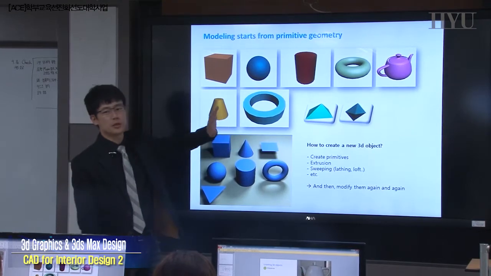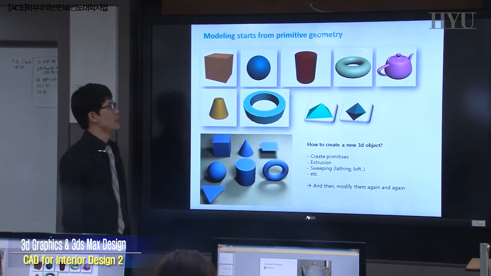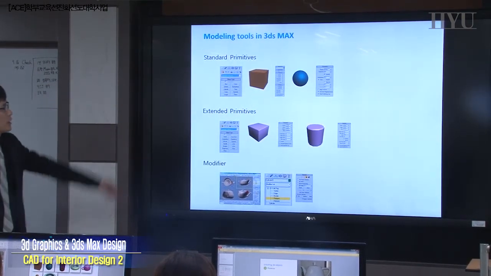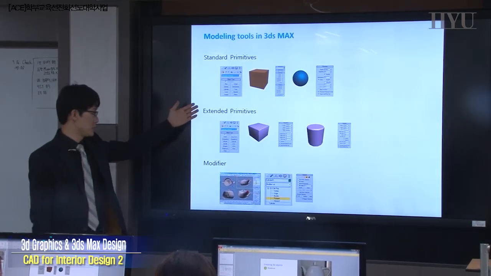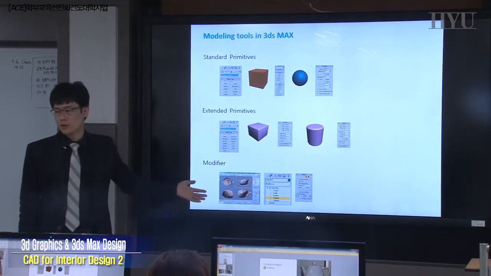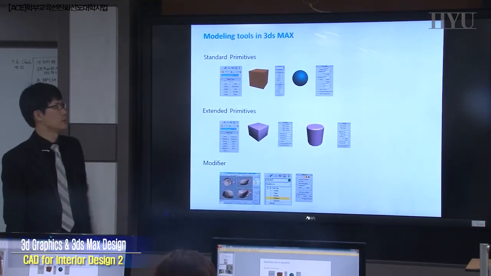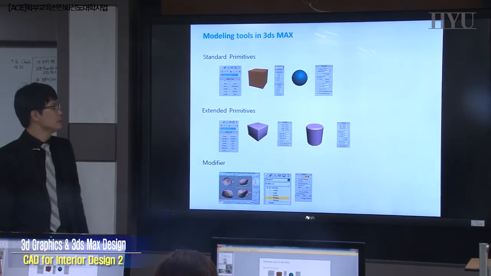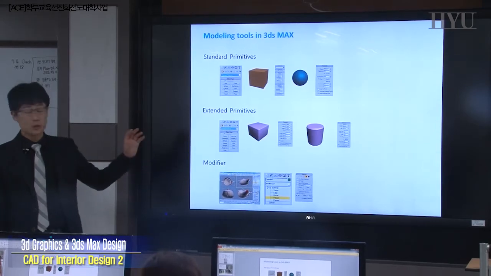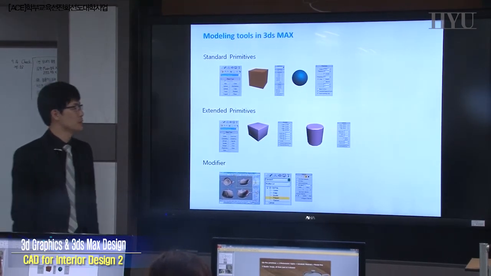And you can totally change the shape and geometry of those primitives. So there are standard primitives, extended primitives, and a bunch of modifiers for manipulating the shape. Today we're going to deal with some of these examples.